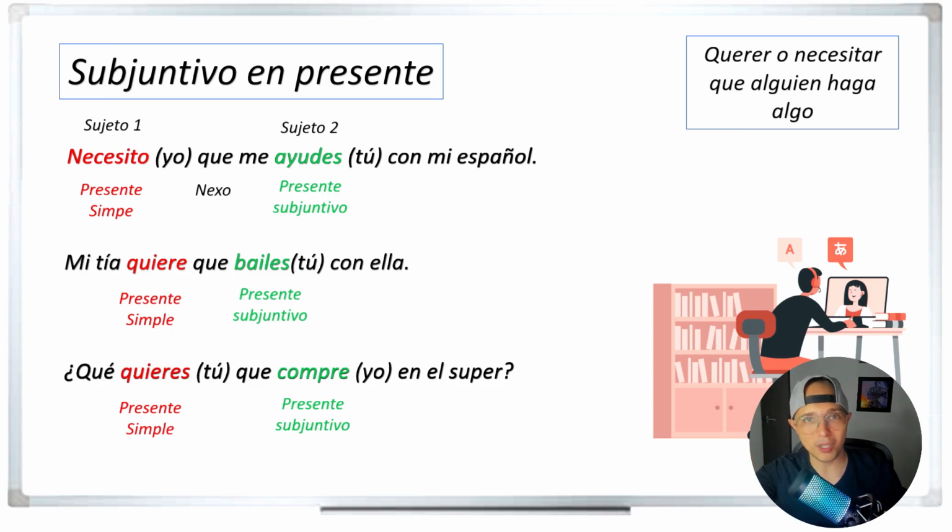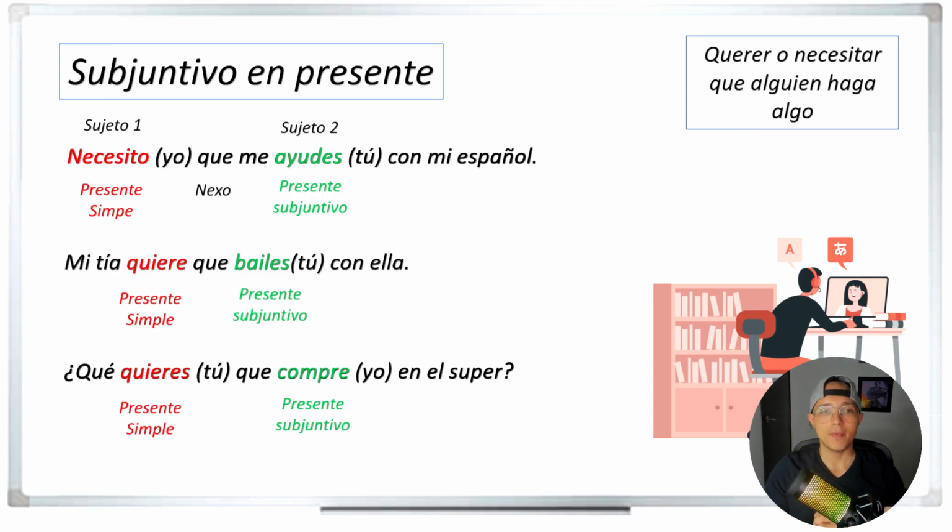Because I know you want me to buy something, but I don't know what it is. So the verb comprar, the verb that I'm doing, needs to be in subjunctive. Let's repeat. ¿Qué quieres que compre en el súper? Otra vez, one more time. ¿Qué quieres que compre en el súper? What do you want me to buy at the supermarket?